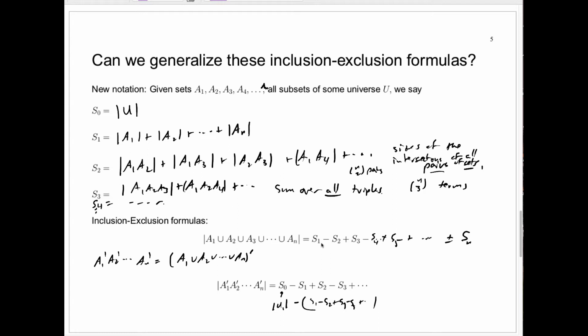These signs are just flipped from the way the signs were up here. And again, we'll end up, I'll write minus or plus Sn. It'll be a minus sign now if n is odd, and a plus sign if n is even. These will be our general inclusion-exclusion formulas that we can use when we have some arbitrary number of sets, n sets, involved. When we have a problem, our goal will be to be able to apply one of these formulas.